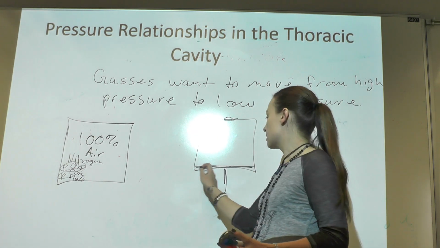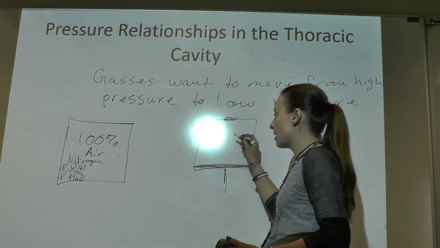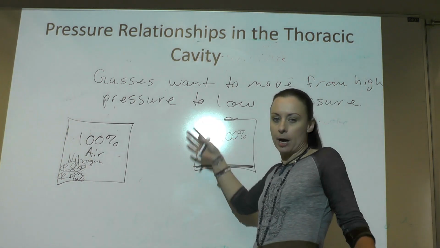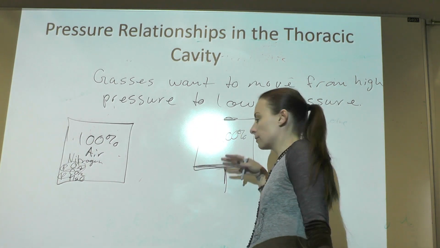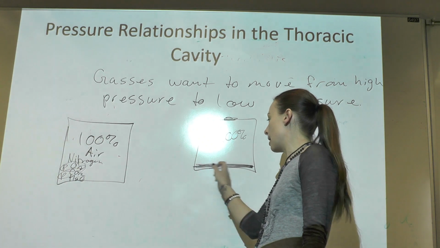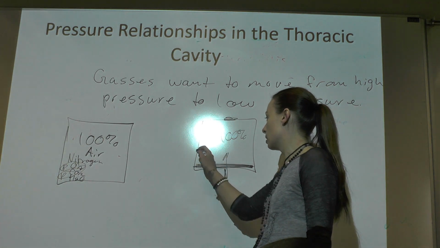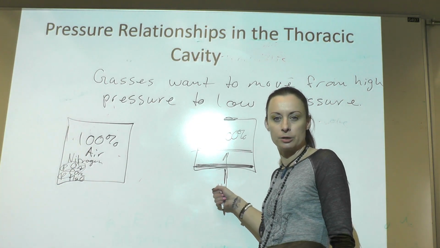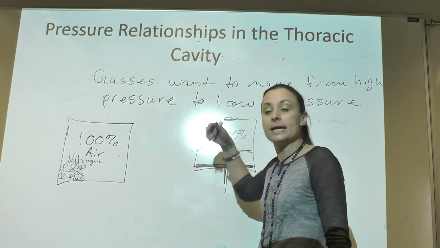So if I've got this plunger here, and in here I've got 100% of the air at some set pressure, it's all just floating around in there, and now all of a sudden I push this plunger up. What do I do to the volume if I push the plunger up? I decrease it.